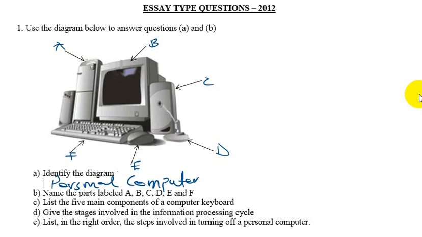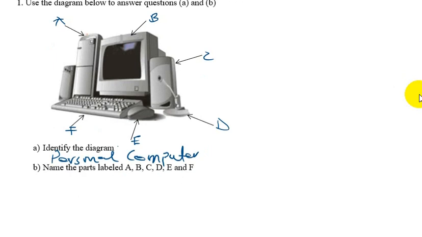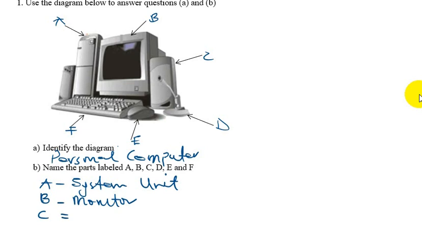Now we are to label the parts A, B, C, D, E, F. Let's look at it now. A is system unit. B is monitor. C is speakers.